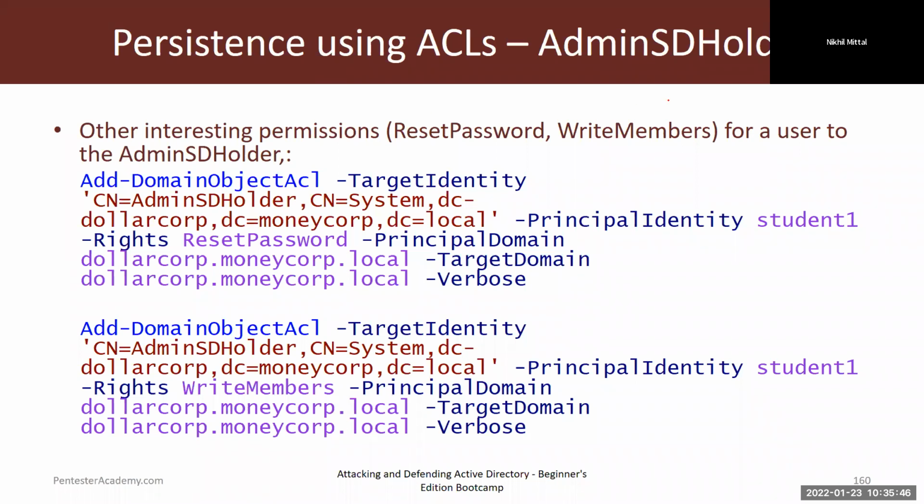For example, in place of full control, the ability to reset passwords of the group members would also work. Or to add or remove members from a group is also sufficient. There is no need to have full control over all the protected groups, right?